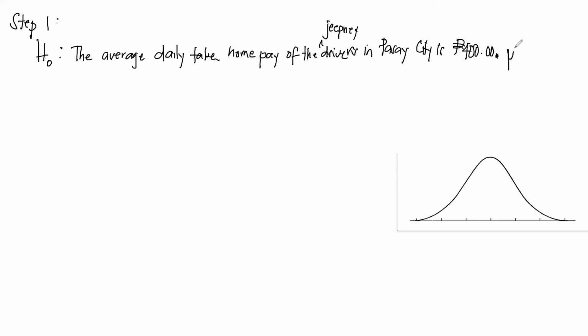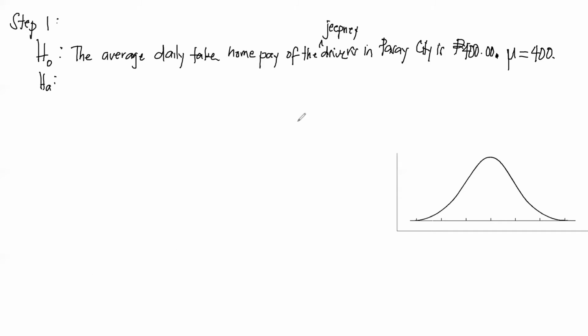Therefore, we can state that mu is equal to 400, wherein mu is our population mean. And I believe that you are very familiar with this symbol, that we use the small Greek letter mu to indicate that the given is a population mean. What about our alternative hypothesis?